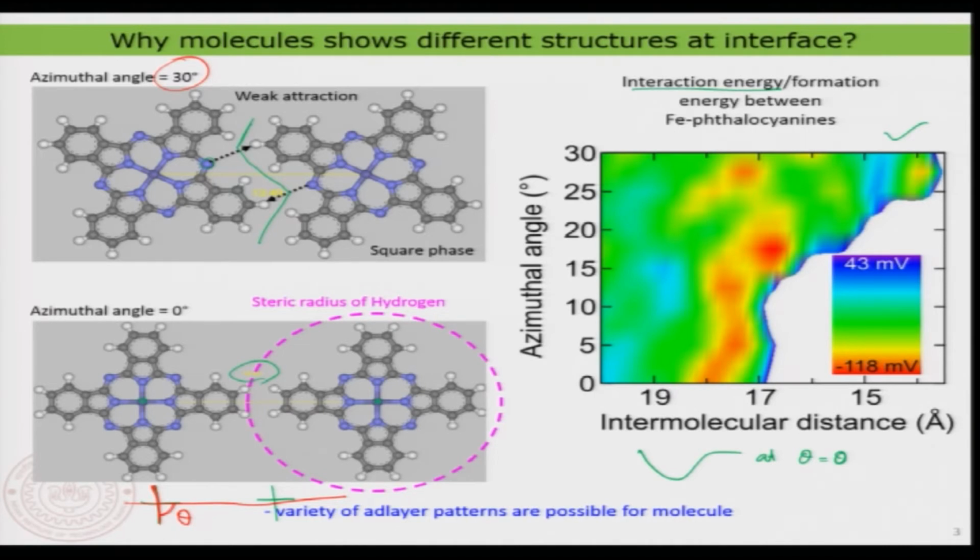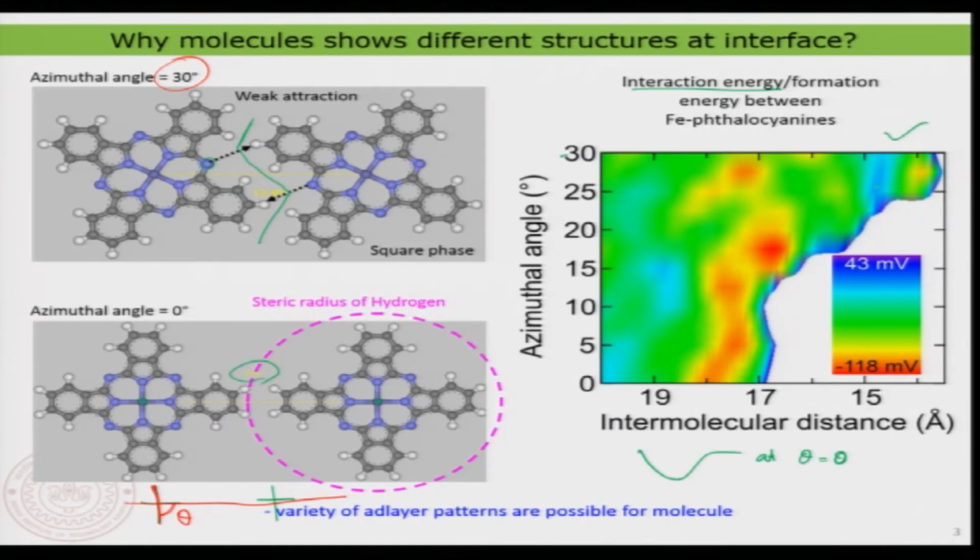Now, when you look at this azimuthal angle of 30 degrees, so that is basically this part here, then you can see the potential energy diagram. Please also note that yellow or red color corresponds to low energy, and light blue or more like dark blue color represents high energy.